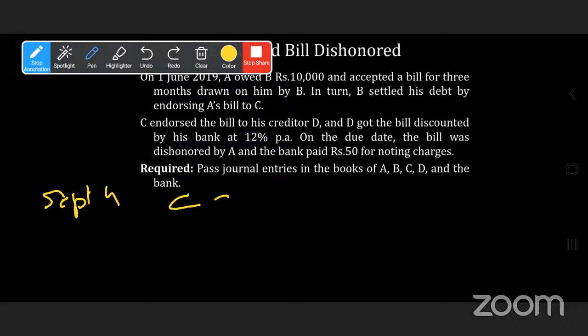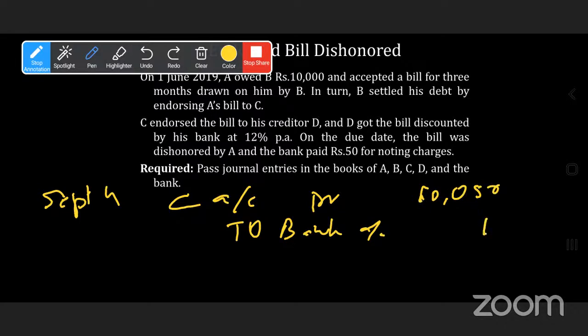C. C account debtor to bank account, 10,000 plus 50 noting charges. Now write the narration: being endorsed bill dishonored and noting charges receivable.